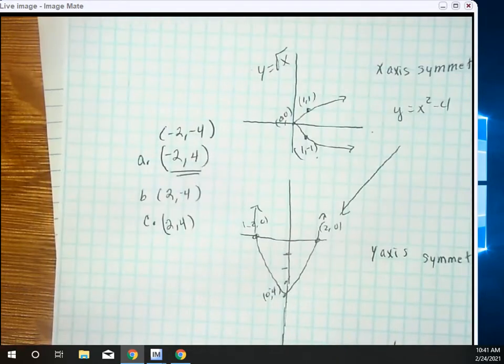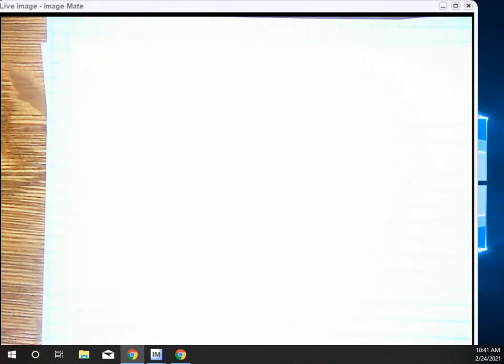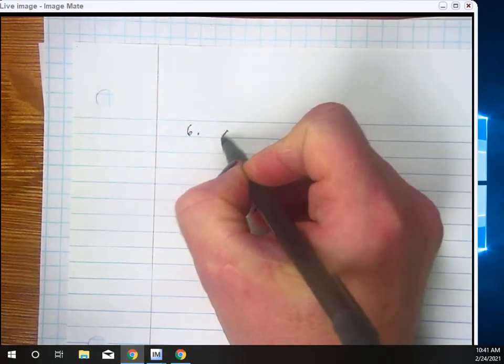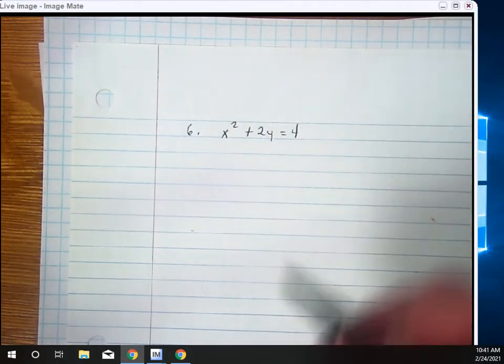Okay. Now, let's look at how this symmetry business is going to affect an equation. Yes, you could always solve for y and graph it, but that is going to take quite a bit of time. So the fastest way is to replace your values.